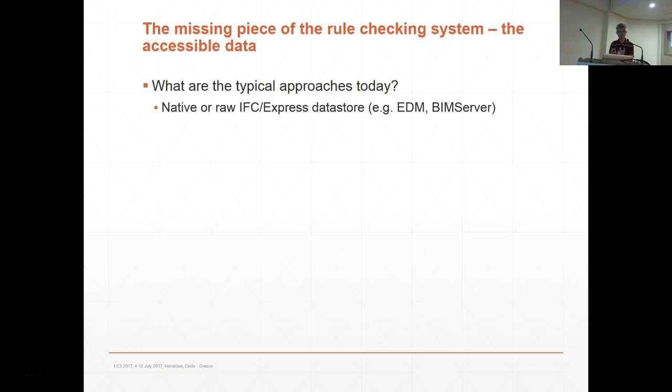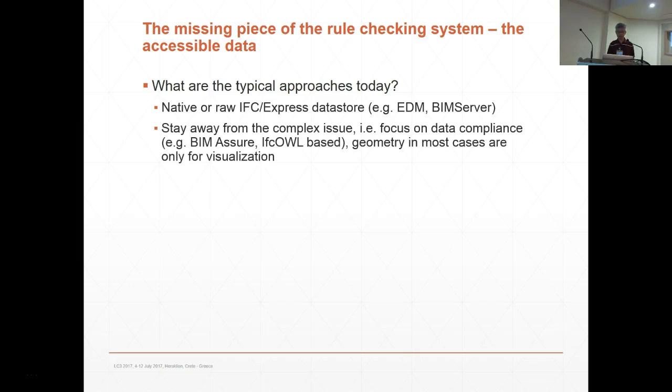You see the IFC data, and you have to develop your own way to query the data. Some stay away from a complex issue, let's say the geometry. The product of the company I work for, BIMRL, for example, falls right now into that category. It only deals with objects and properties.